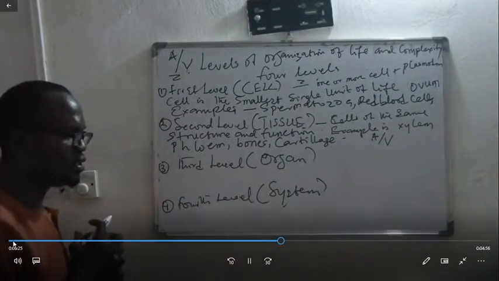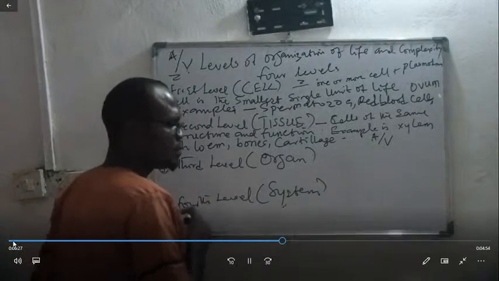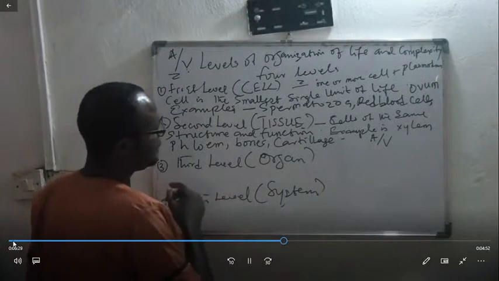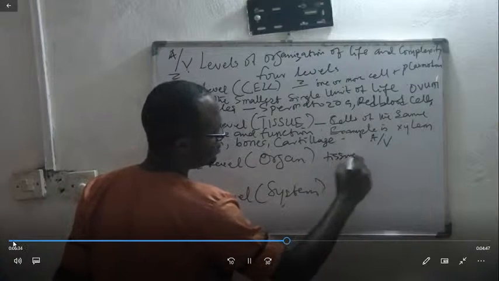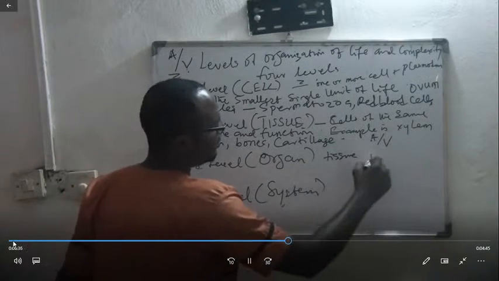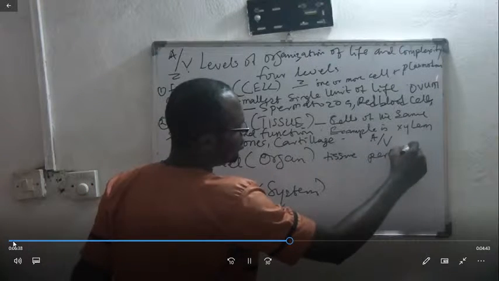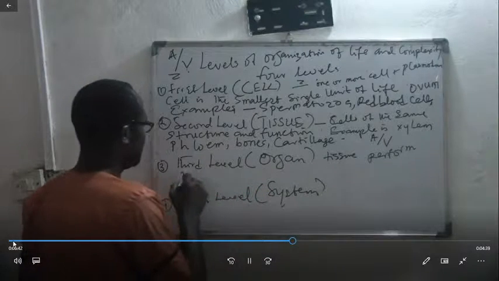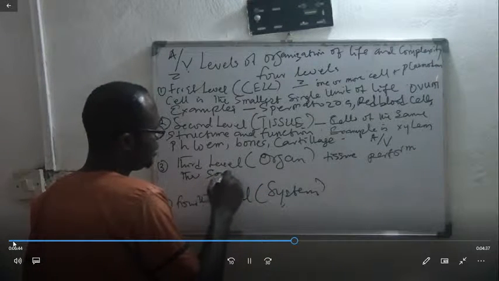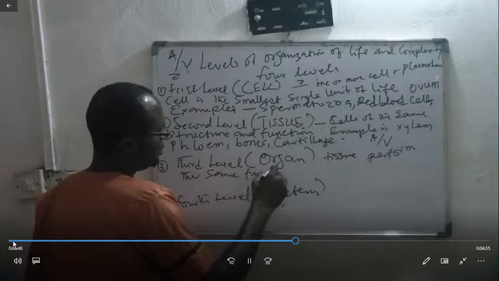Now we'll go to the third level of organization, known as the organ. Known as the what? Organ. Now, when you have a group of tissue that come together to perform the same what? Function.